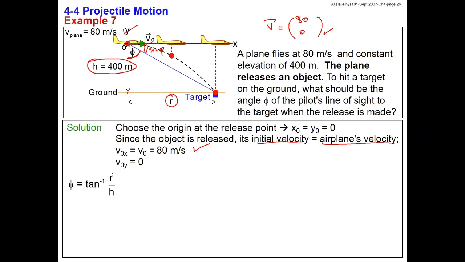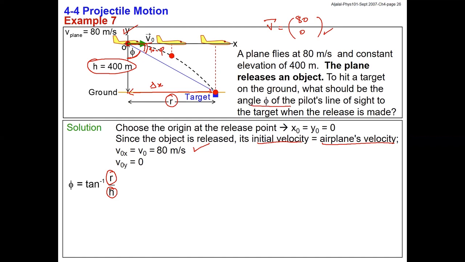In other words, I'm just asking you, what is this r here? I know h already. h is equal to 400 meters. Once I get r, the initial horizontal distance between the plane and the target, I know my angle phi.